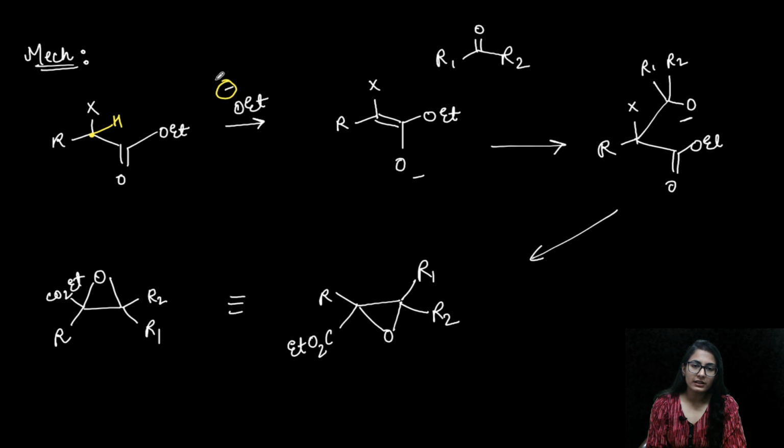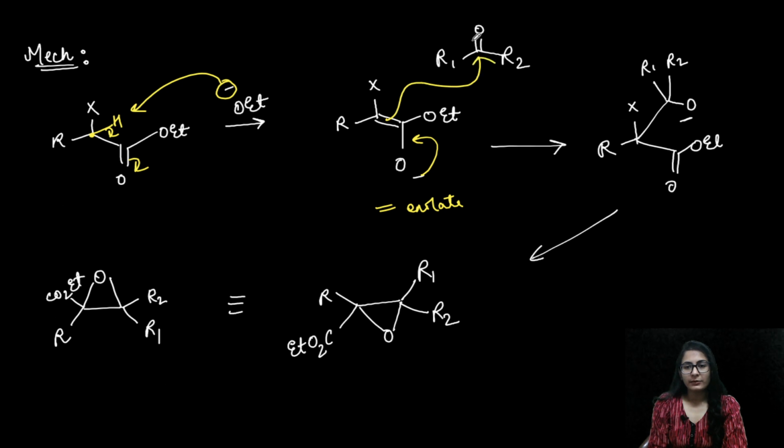So the base, which is a very strong base, is going to take up this proton and form this kind of an ester enolate like this. Now further, this ester enolate is going to attack over the carbonyl carbon, and this is what you're going to get. So basically this is one-sided condensation, right?